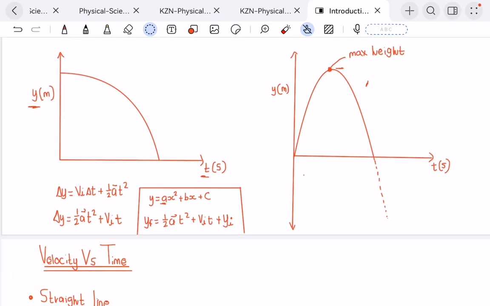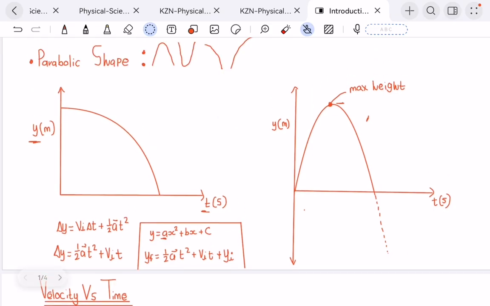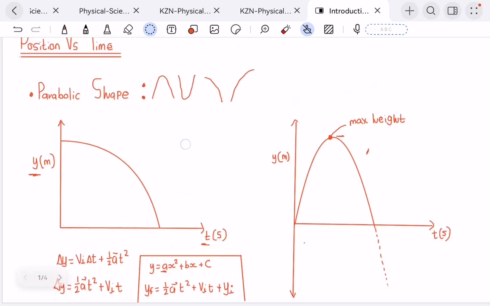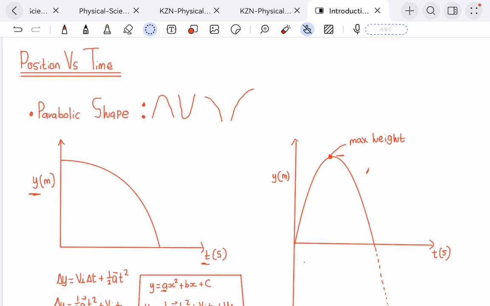It's like a ball moving up, and then it goes down, and then it hits the ground. But I will explain the shapes later. What I basically want you to take from this is the shape of this position versus time graph, and also to know that this is the maximum height.